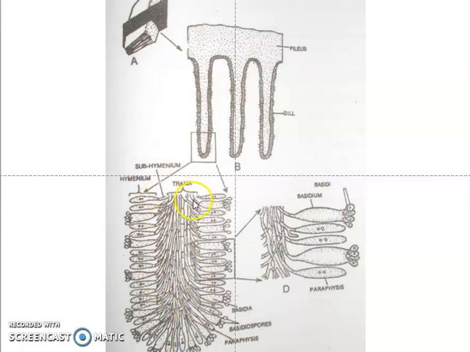And this sterile middle portion is called trama. Next to trama, you can see an area of loosely arranged mycelium, and such a region is called subhymenium.